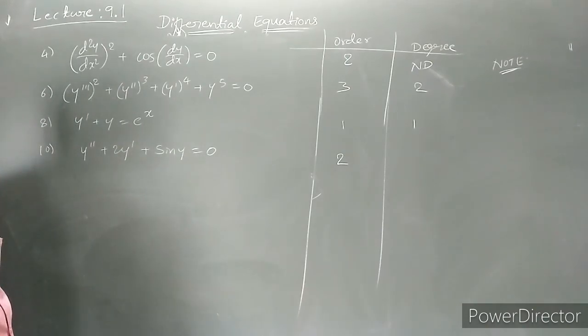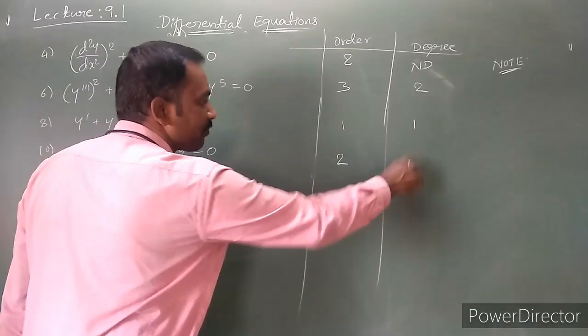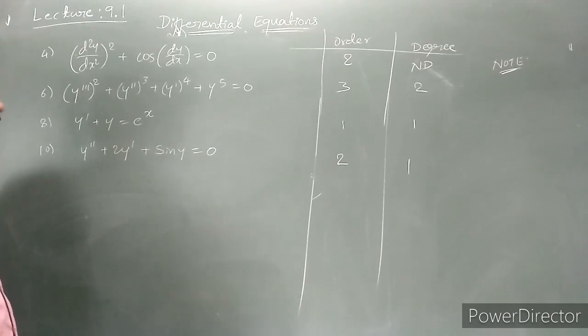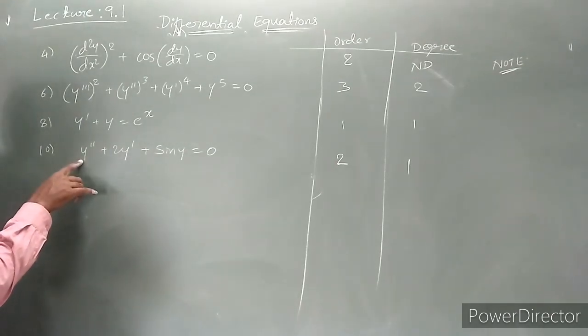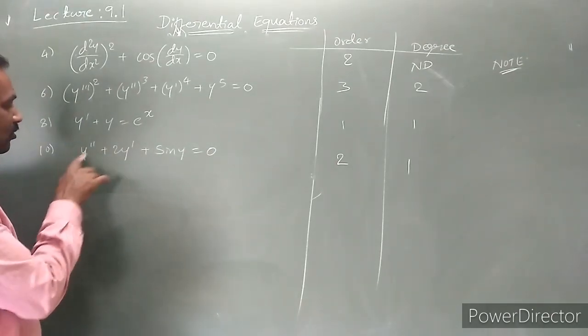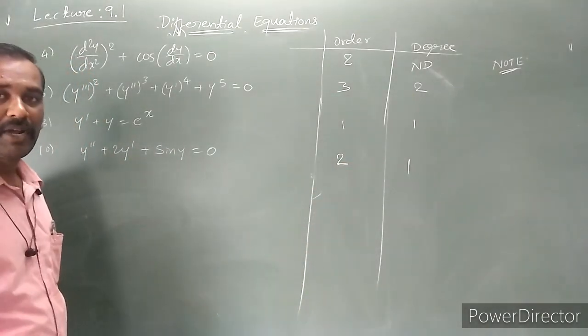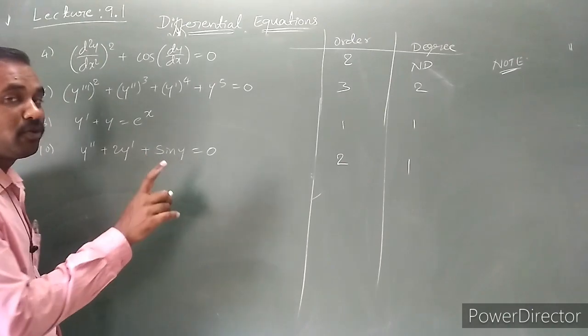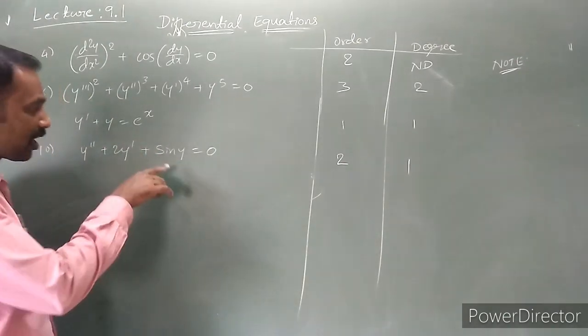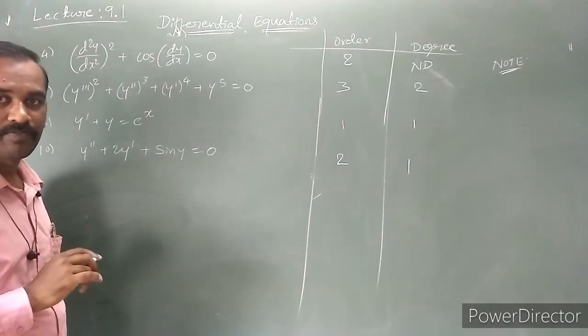What is the degree? Degree is 1. Check it. The highest order is twice differentiated, and the whole power is 1. But sine y does not matter. A polynomial in derivatives is required. Here y is no issue at all.